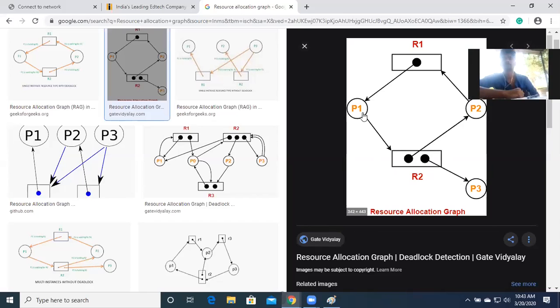Similarly, P1 also requested resource 2, but resource 2 has only two instances. So P1 needs to wait for some time until P3 or P2 have completed their job with resource 2. Then P1 can utilize that. Until then, P1 needs to wait.